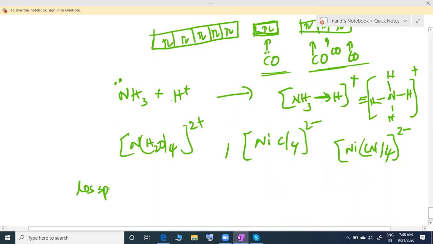Low spin complex means the number of unpaired electrons decreases.